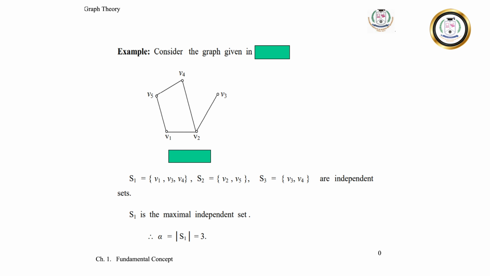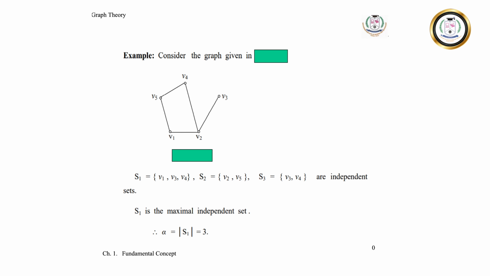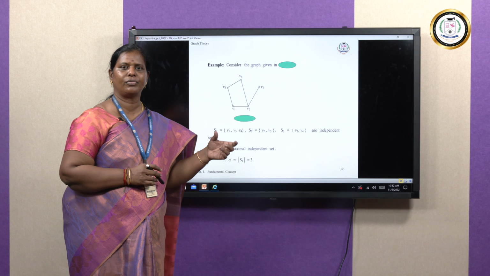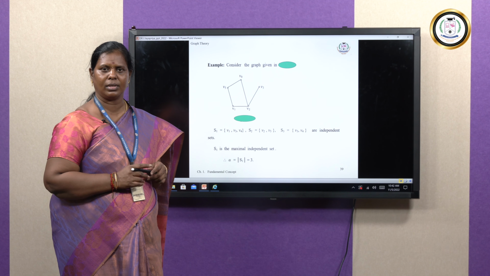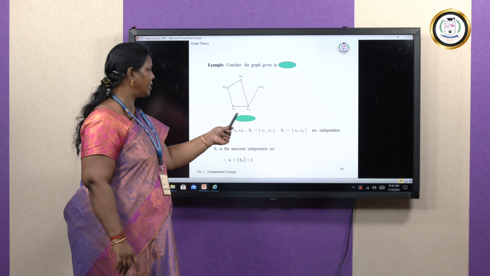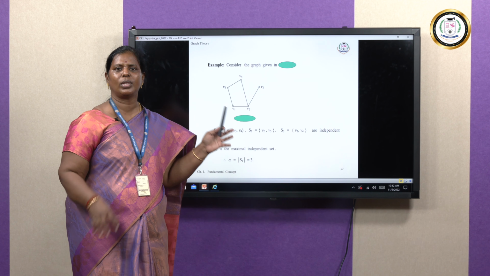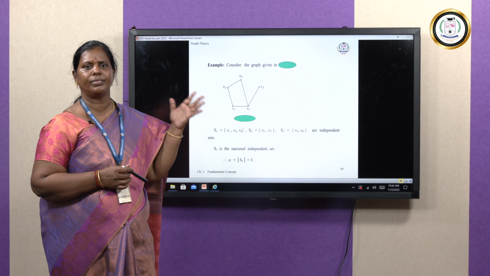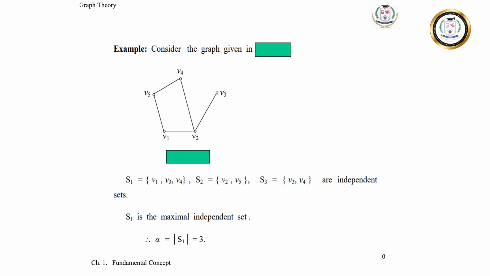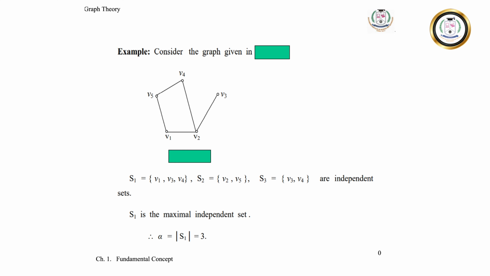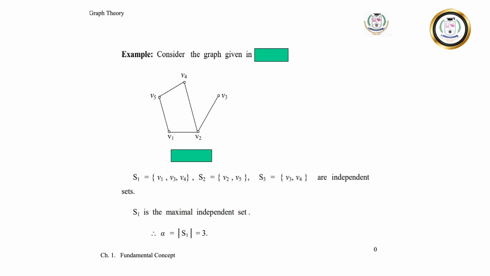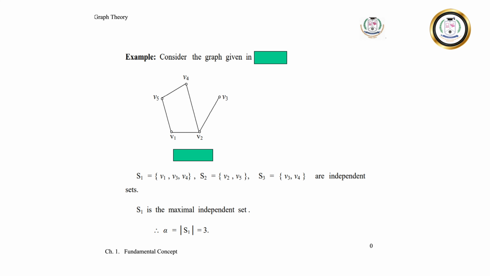And another set, S3, is V3 and V4, which are not adjacent. So, in this particular graph we are able to get 3 independent sets. Looking at the cardinality of these independent sets, S1 has cardinality 3. So, the value of alpha for this graph is 3.